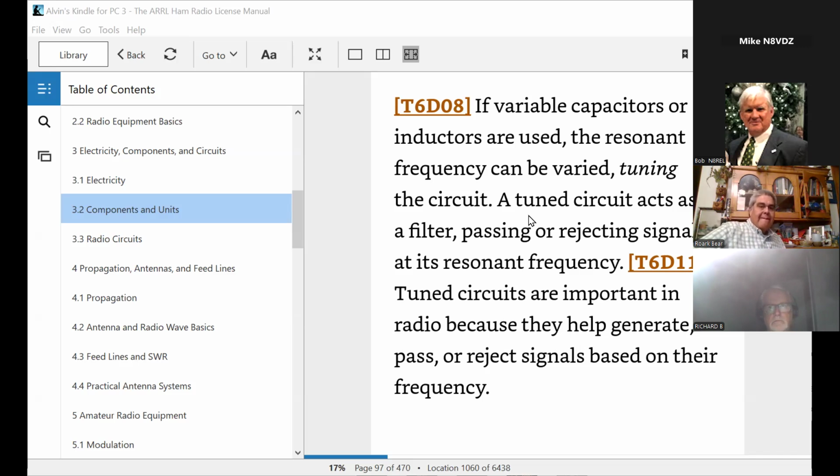And we also had low pass filters on the transmitters, which would pass our low frequency signals and try to reject the high frequencies that would go into the TV sets.